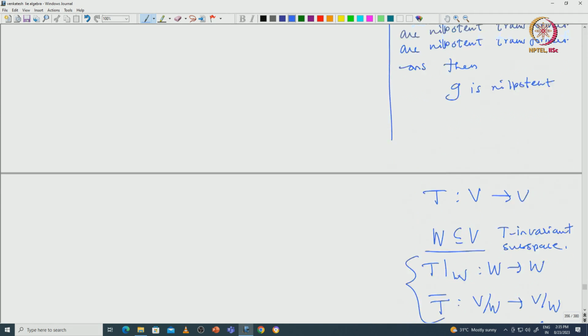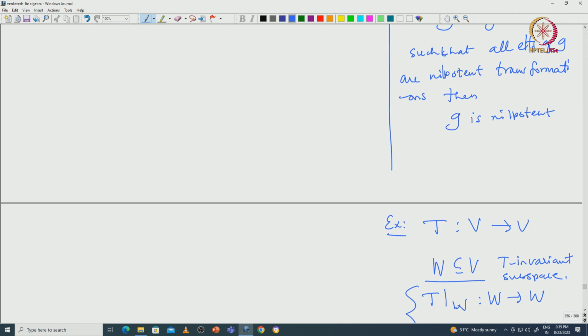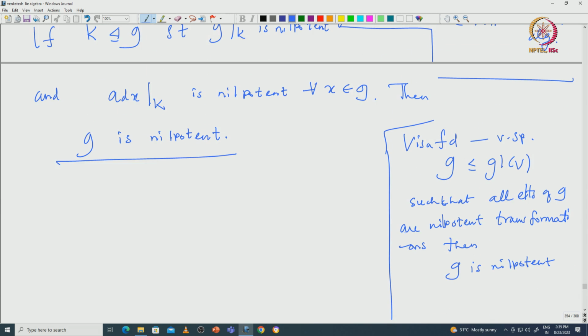Now, using this exercise from linear algebra, you can see that ad x restricted to K is given to be already nilpotent.